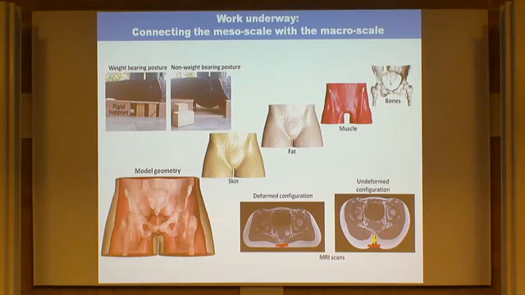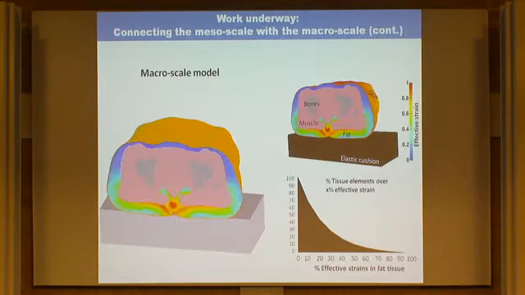So we know that everything is deforming internally, including the fat tissue, as it should have been in reality. And then we ran these simulations, and we know the continuum range of tissue deformations and strains. And obviously you could do the same in sitting or in any other position.